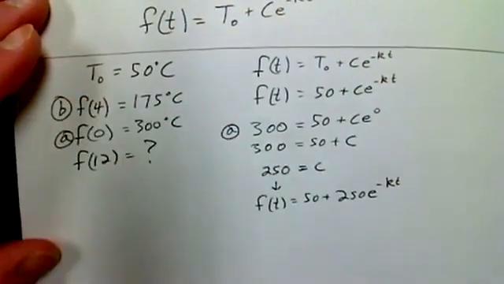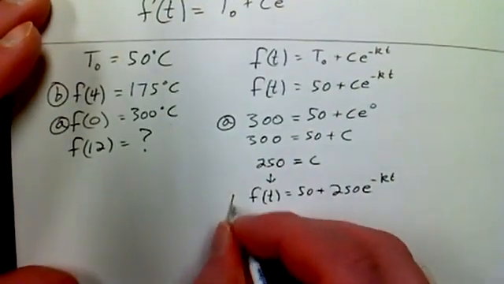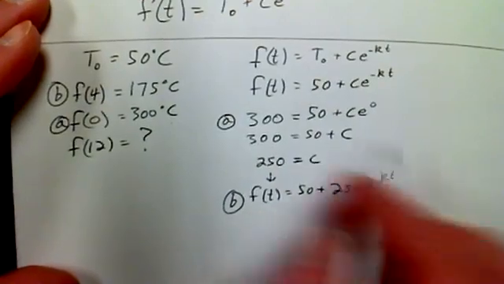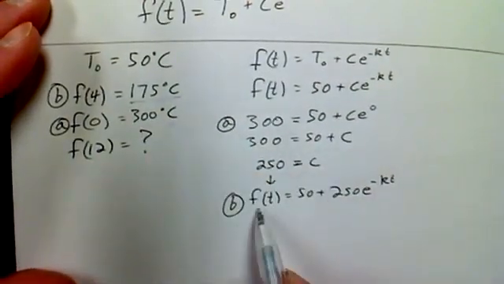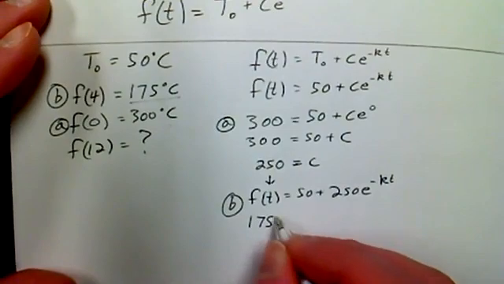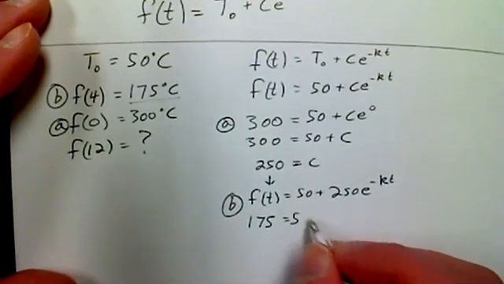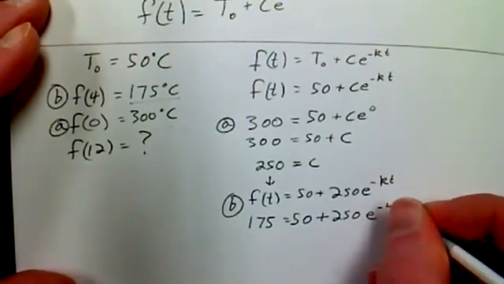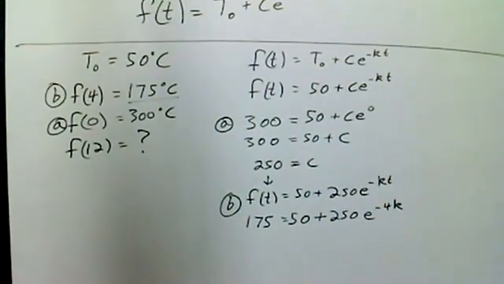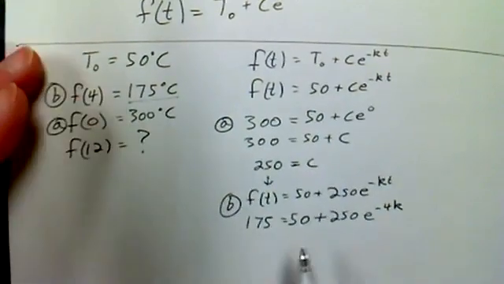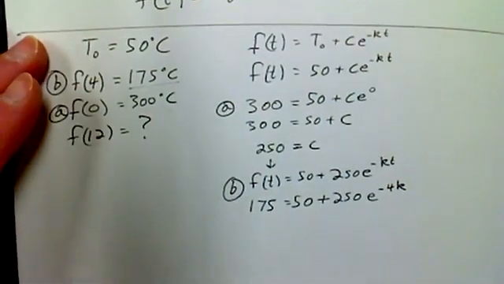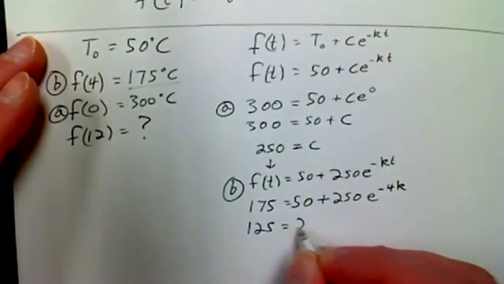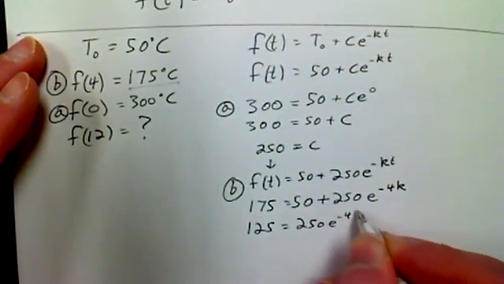But I have this information. Let's call it B. When the function value is 175, that happens when t is equal to 4. So I have 50 plus 250 e to the negative 4k. Let's see if we can solve for K. Let's get rid of that pesky 50. 125 equals 250 e to the negative 4k.